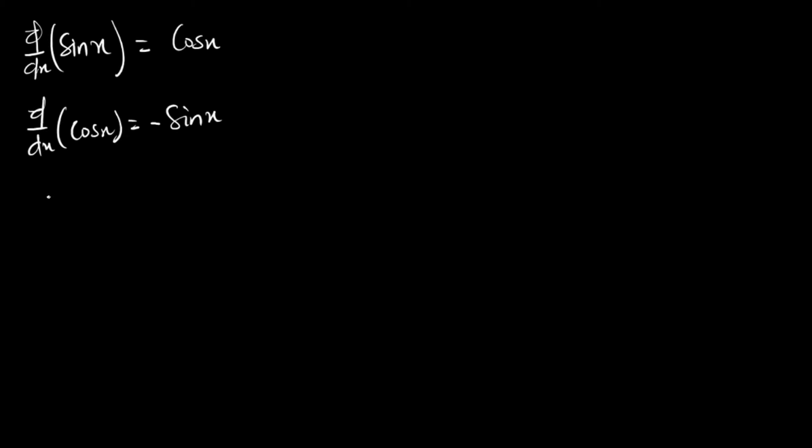Now assuming I have the function y is equal to sine f of x, where f of x is a function on its own. Let's say for instance f of x over here can be a function, let's say x squared plus 2x minus 4 or anything.